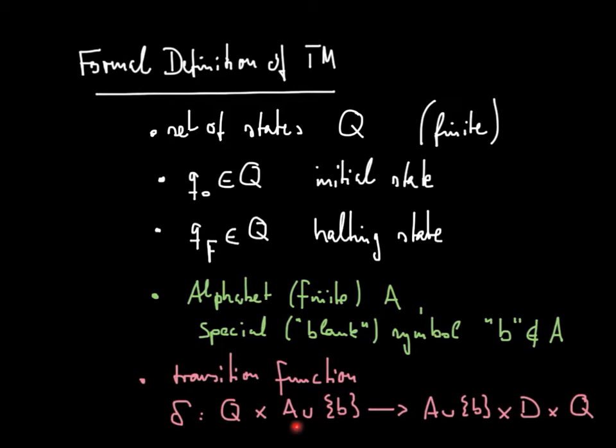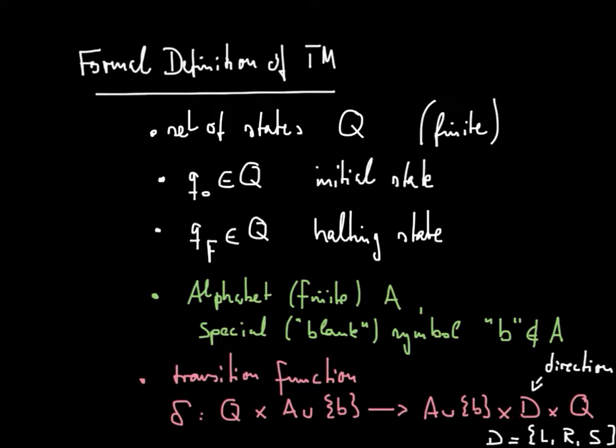So depending on both those entries, it maps to a symbol, so think of what I want to write depending on what I've read, a new state, and a direction. D stands for direction, and that's the direction I want to move the read-write head to.